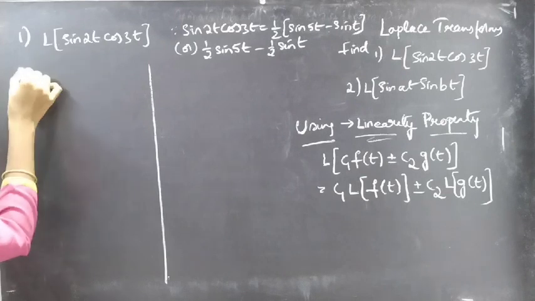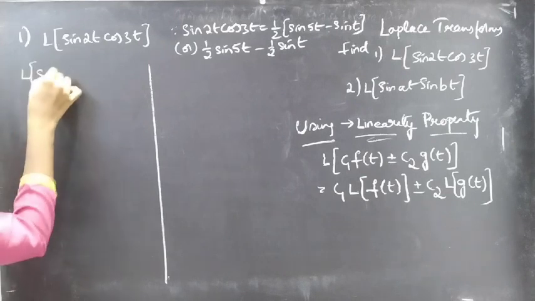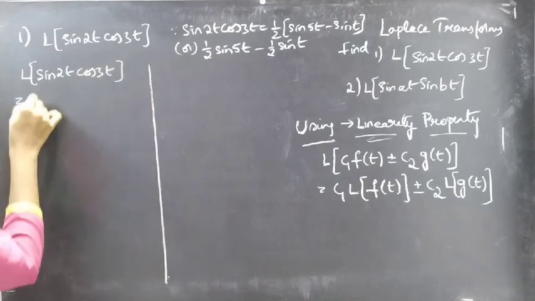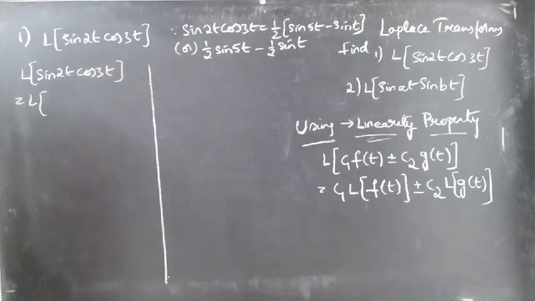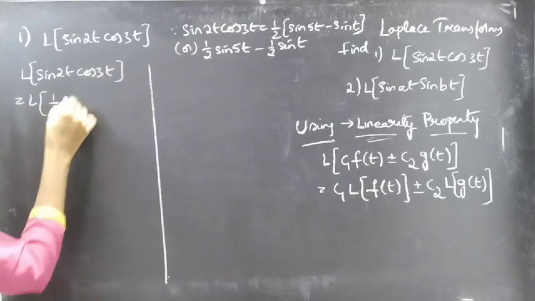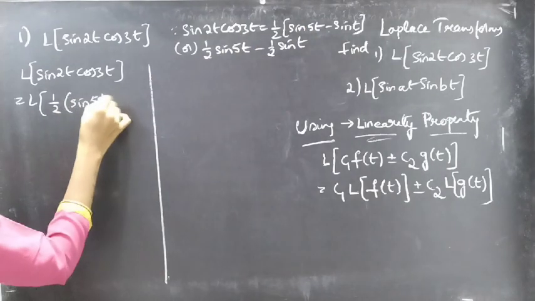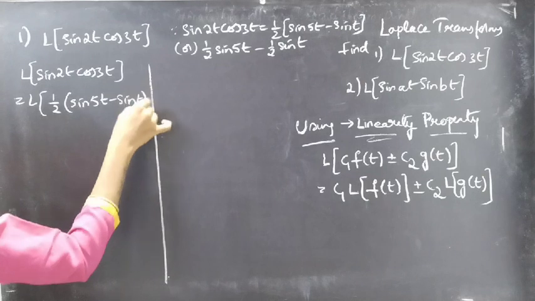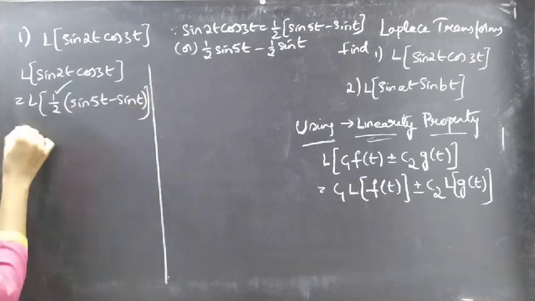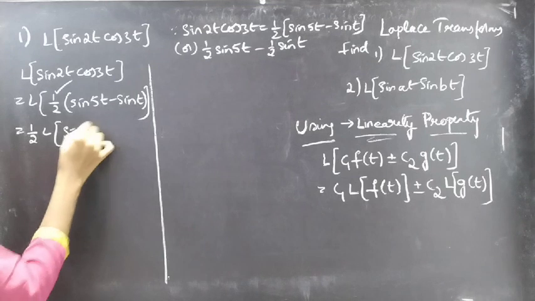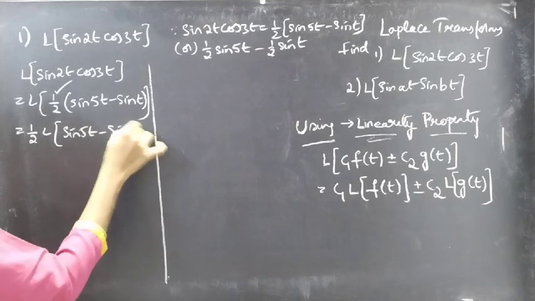If sin 2t cos 3t is replaced by 1 by 2 of the first one, sin 5t minus sin t, we'll just take the half outside and write 1 by 2 into L of sin 5t minus sin t.